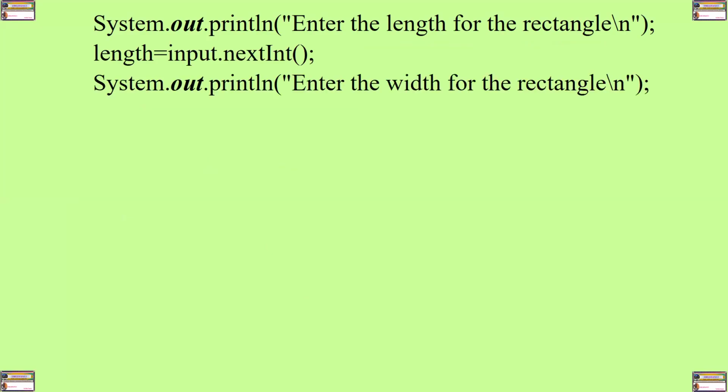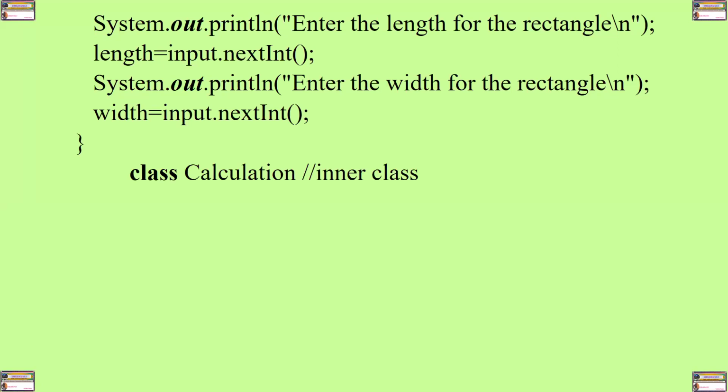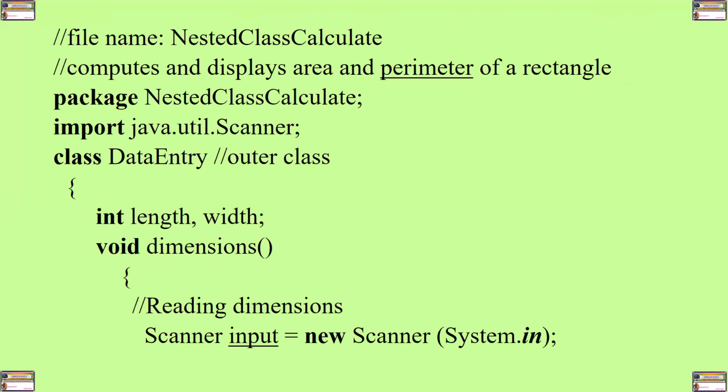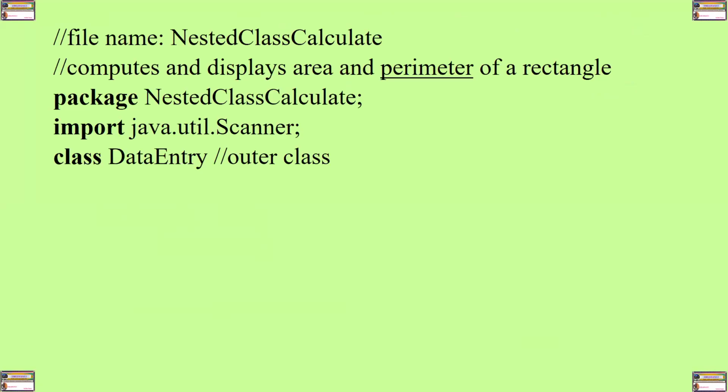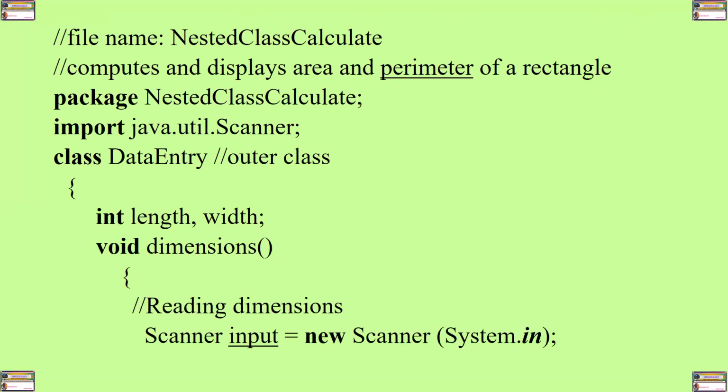We request the user to enter the width of the rectangle, and the user enters a value which is saved in the member called width. From there, we define an inner class called calculation. Note that this inner class is inside this other class. So the class called data entry has these members.